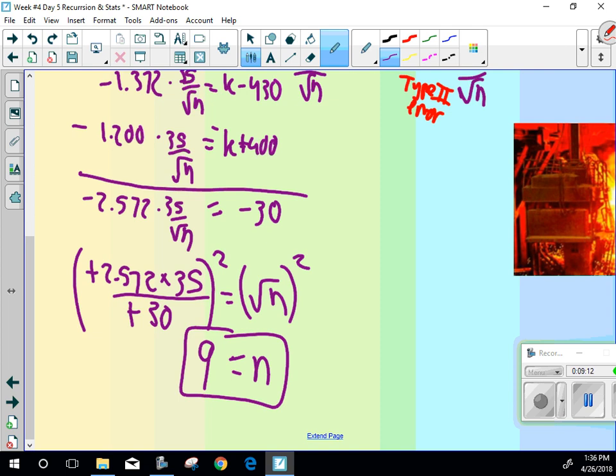Great. Once you know what that is, now put that into your calculator, into the other function, and figure out what k is. So it was negative 1.2 times 35 over the square root of 9, which is just 3, is equal to, this was plus, k minus 400. Is that right? Make sure my signs are correct.